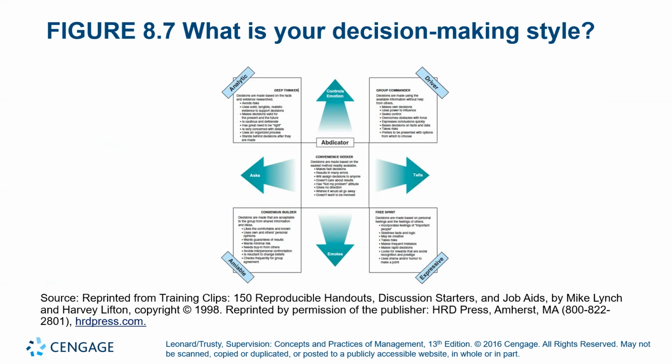And so you'll see on the x-axis, or the horizontal axis, you have askers, people who ask people, versus tellers, people who tell people. And then on the y-axis, the vertical axis, we have someone who controls emotion, doesn't let people see it, versus people who emote, or people who show their emotion.